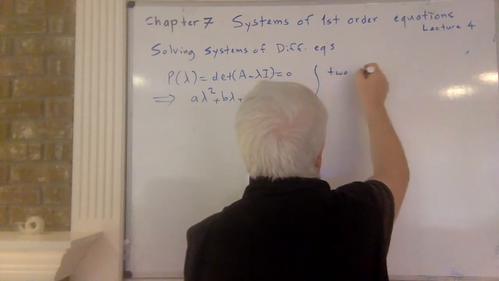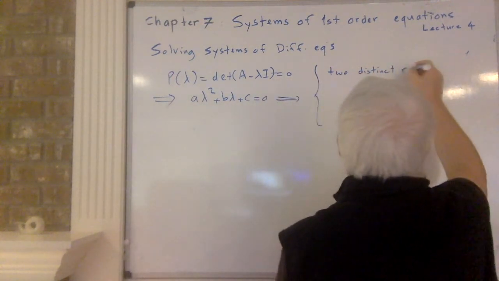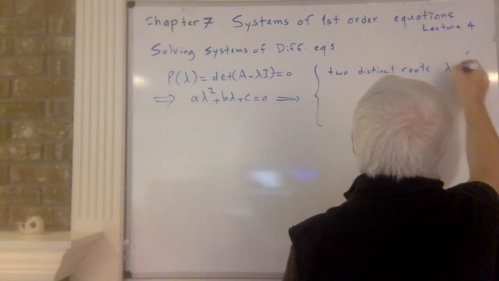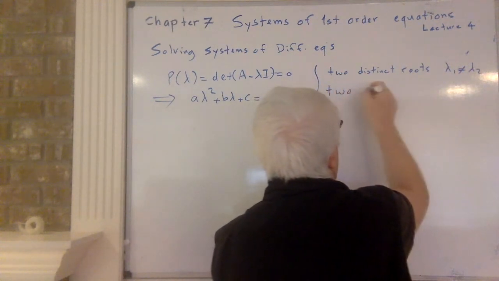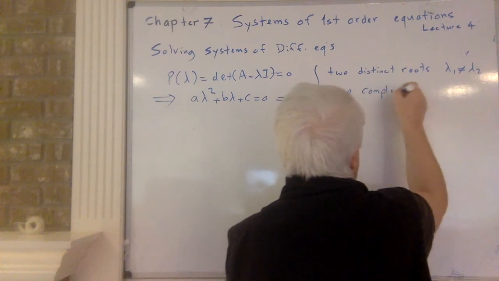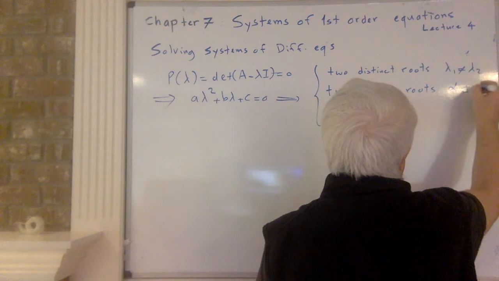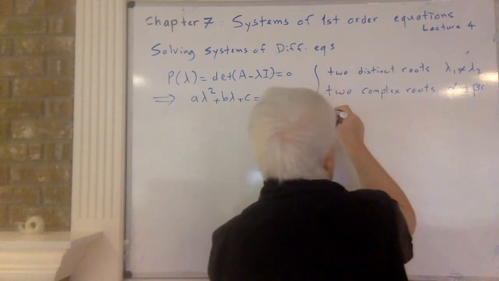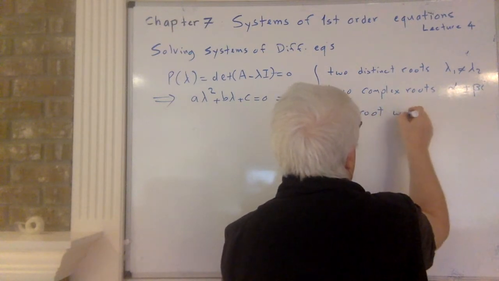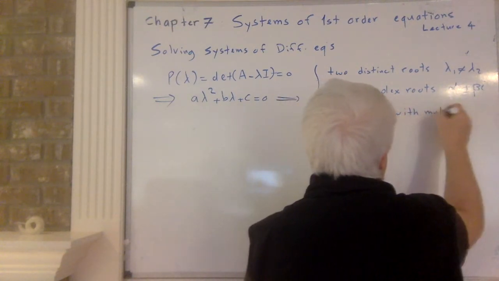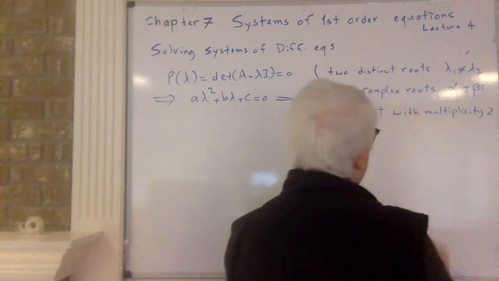2 distinct roots, lambda 1 and lambda 2, 2 complex roots with alpha plus minus beta i, and 1 root with multiplicity 2.